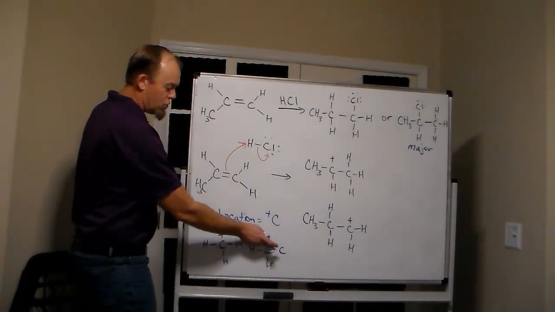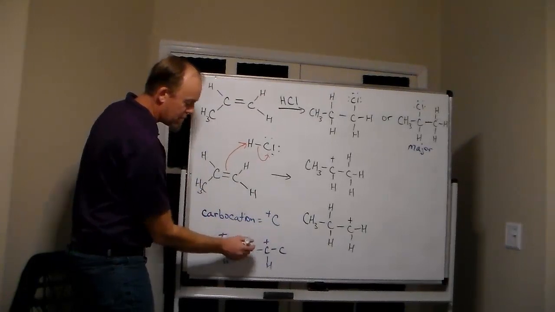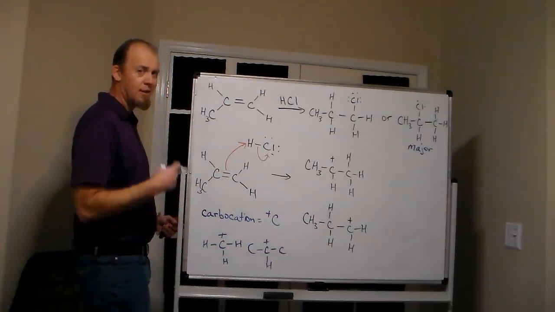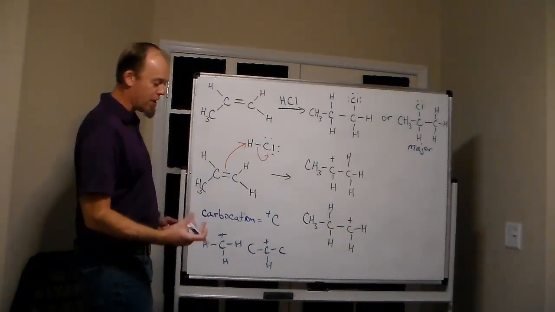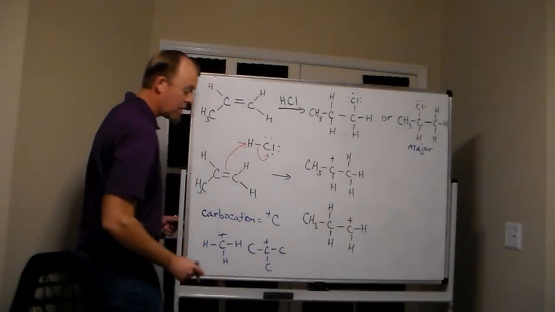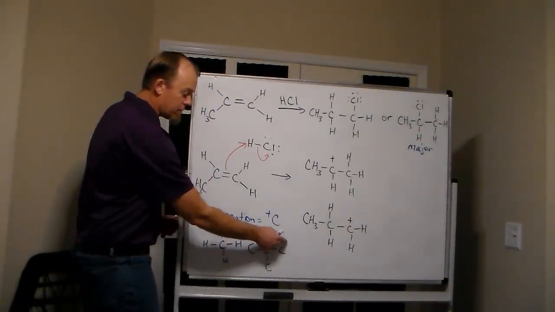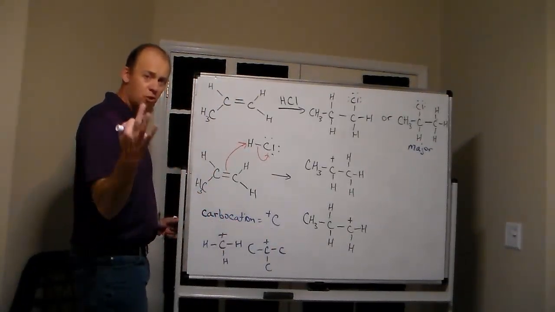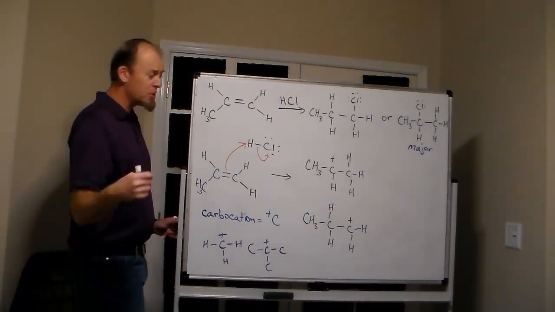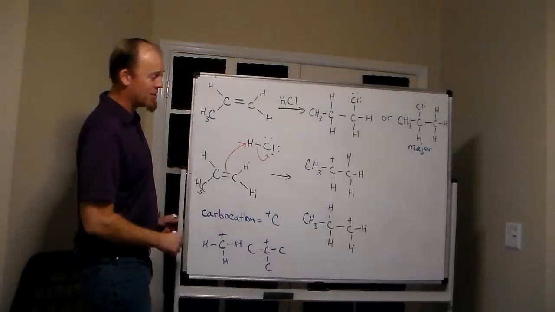If I had two carbons attached to it, like this, that would be a secondary. Secondary is going to be more stable than primary. If I keep replacing these, I've now got three carbons attached to that carbon. That's a tertiary carbocation. That's even more stable. So the more carbons attached to it, the more stable it is.